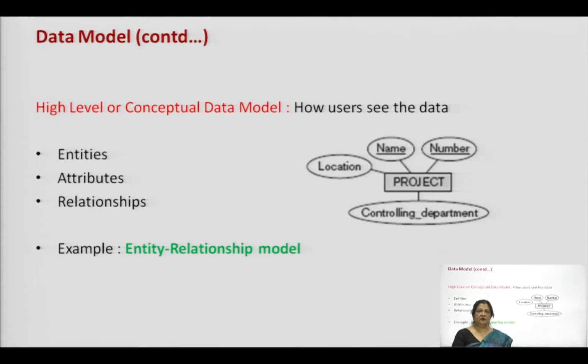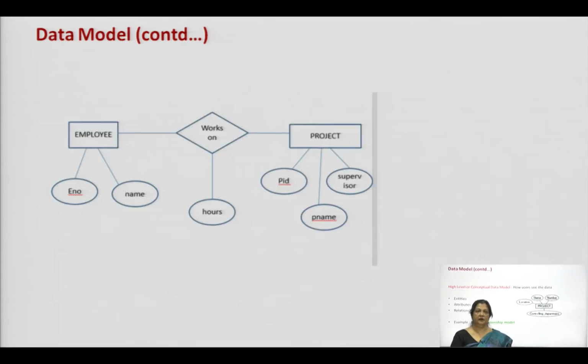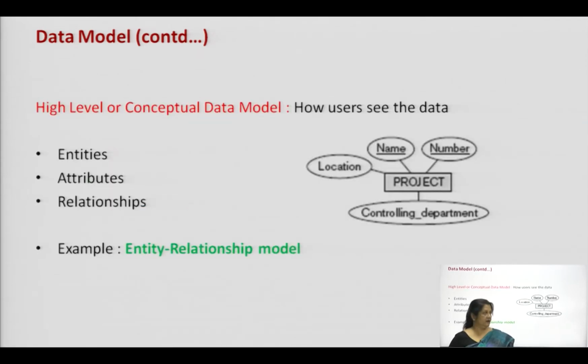When we say the high level or the conceptual data model, we will consider the entity relationship model for studying the conceptual model in detail. Here we have shown an example which says that there is an entity which is called the project.